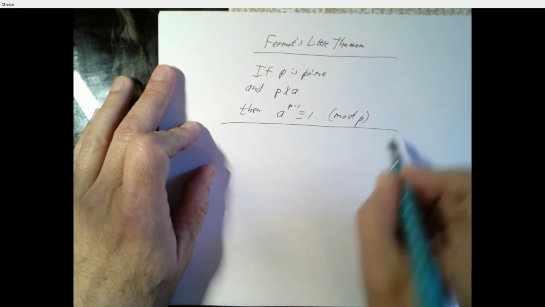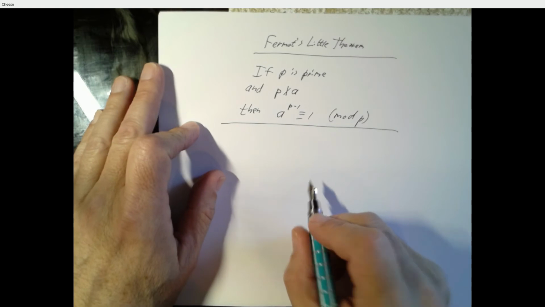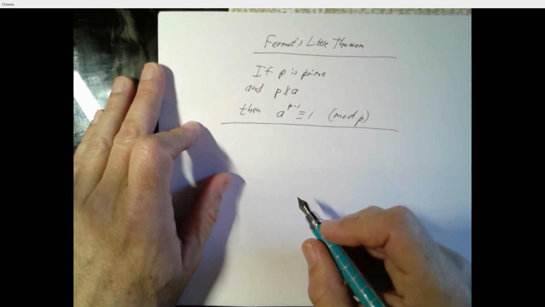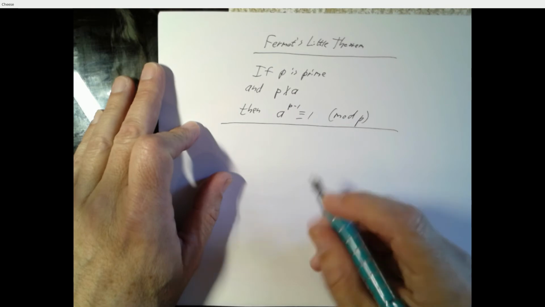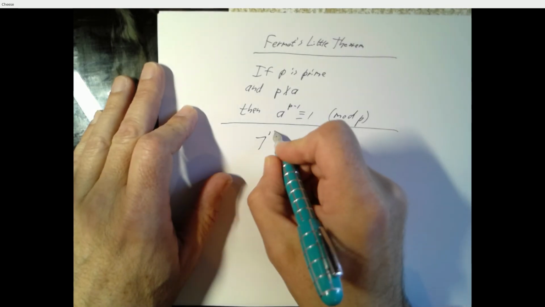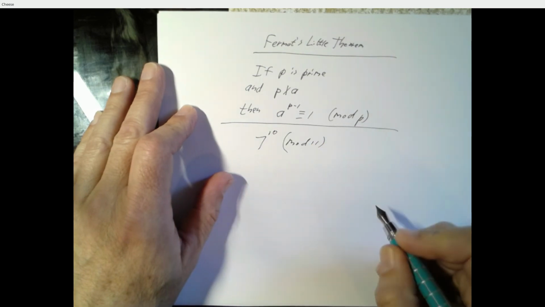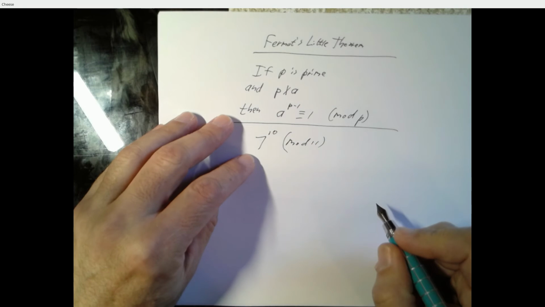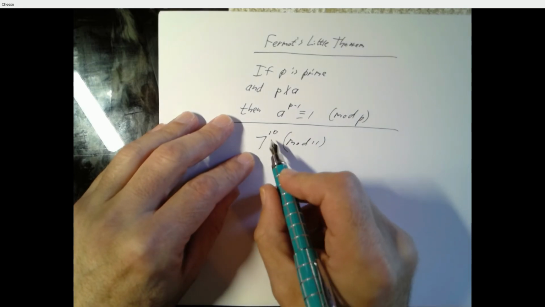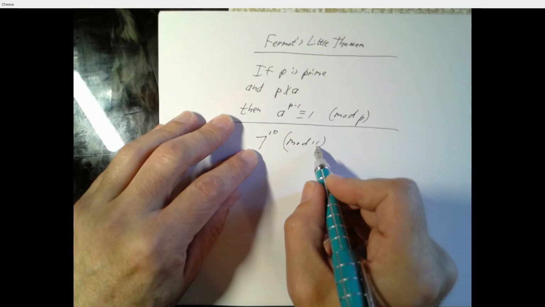And we can use this to our advantage to do modular arithmetic, similar to what we did with modular exponentiation. We can use Fermat's little theorem. For example, if we wanted to find 7 to the 10th modulo 11, all we need to do is observe that 7 is not a multiple of 11, right?